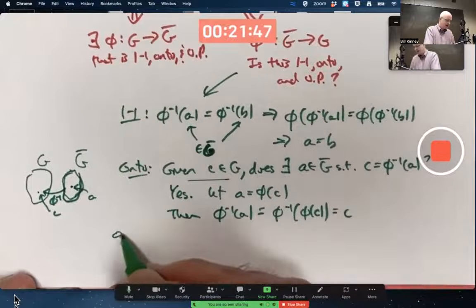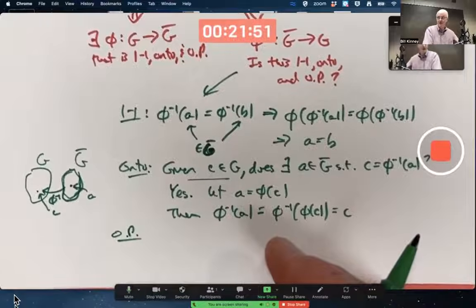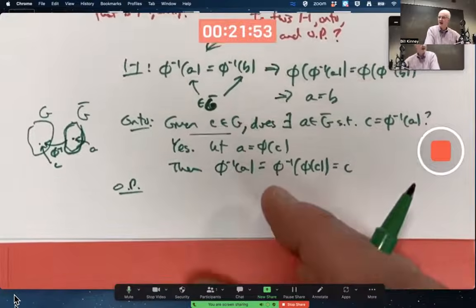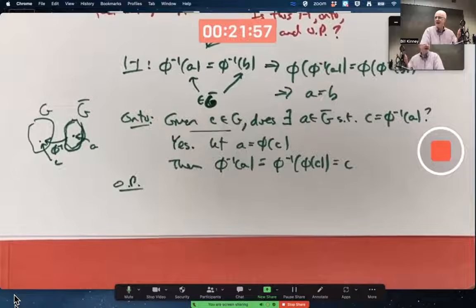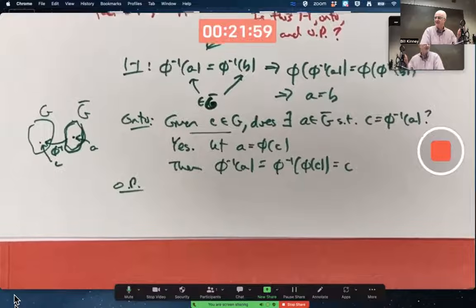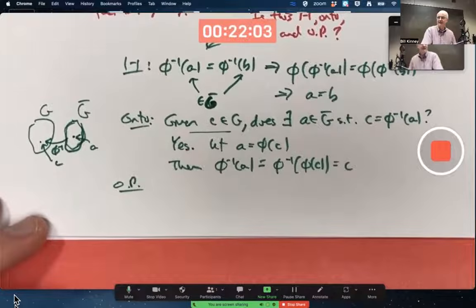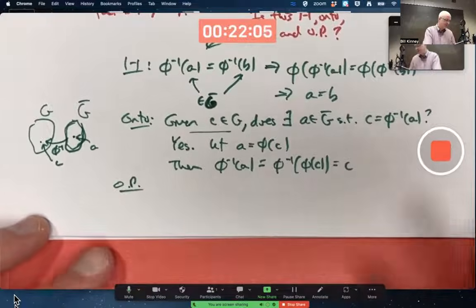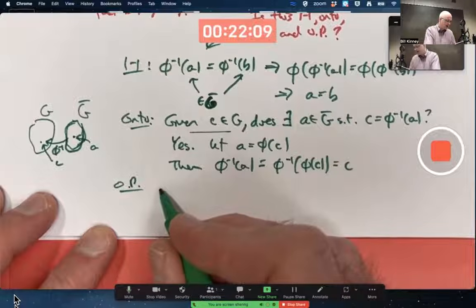How about operation preserving? Probably we need to use the fact that phi and phi inverse are inverse functions. And if you think about it, it should make some intuitive sense that the fact that phi is operation preserving is relevant. Probably we need to use the fact that phi itself is operation preserving. So what are we trying to do?